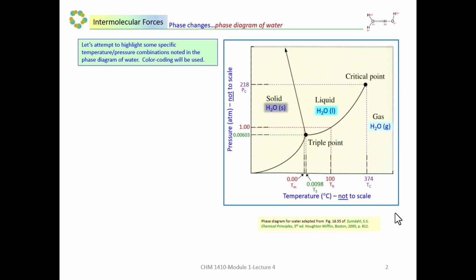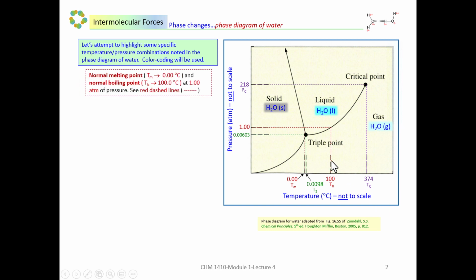Let's attempt to highlight some specific temperature-pressure combinations noted in the phase diagram of water, and I've used some color coding here. First of all, you're well aware that the normal melting point of ice is 0 degrees C. And remember, when we use the word normal melting point, we mean the melting point under normal atmospheric pressure, or 1 atmosphere of pressure.